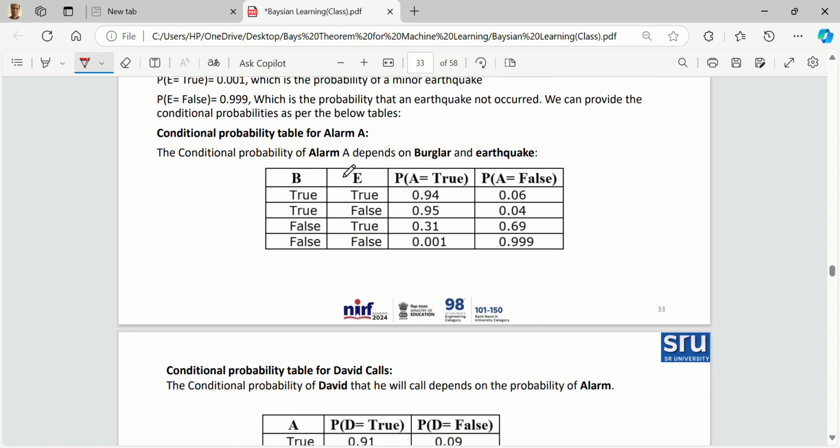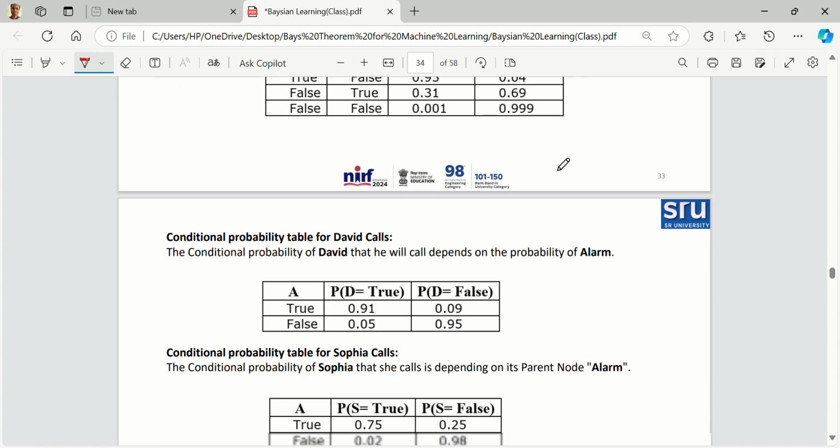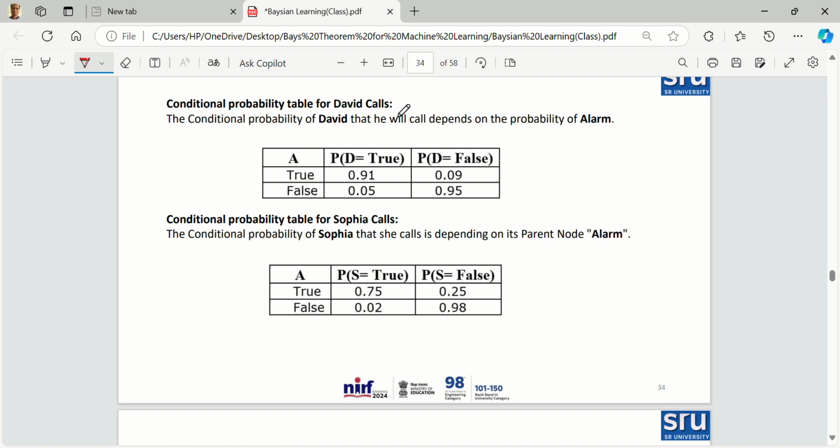The conditional probability of alarm A depends on the burglary and earthquake. Conditional probability table of David calls: David's call depends on the probability of the alarm. Similarly, Sophia calls depends on the parent node alarm. So 0.91 true for David and false 0.05. For Sophia, S is true, true is 0.75, false is 0.02.